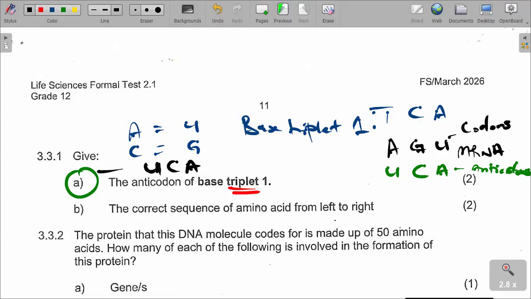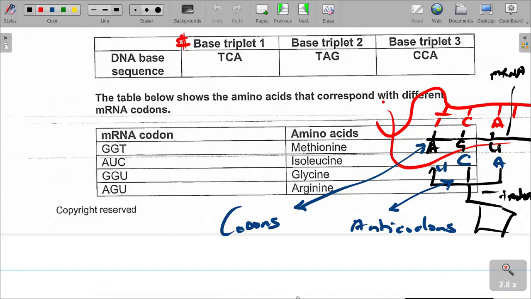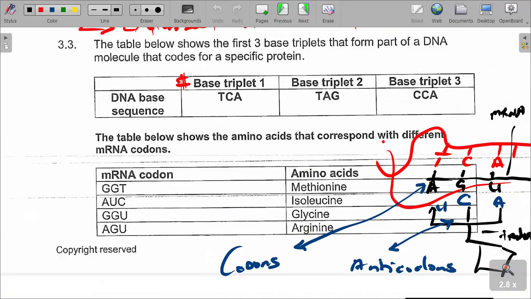And then the correct sequence of amino acids from left to right. So we can go there again from left to right. We are given this.